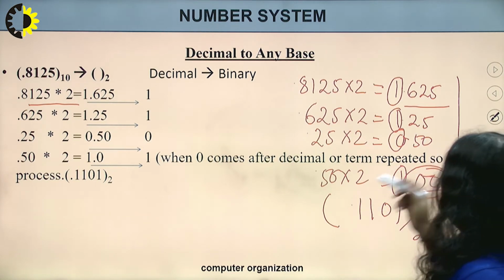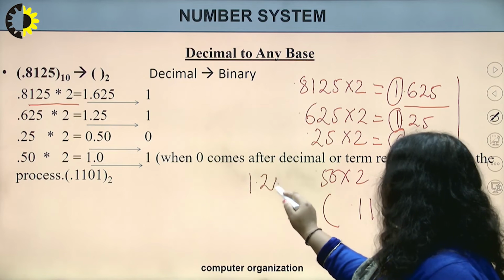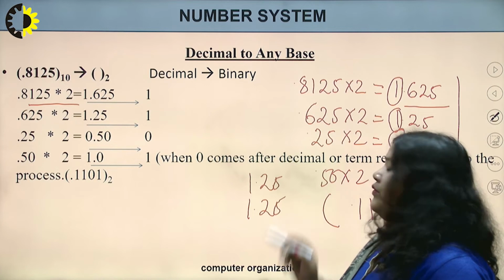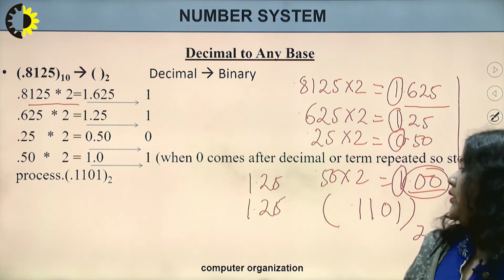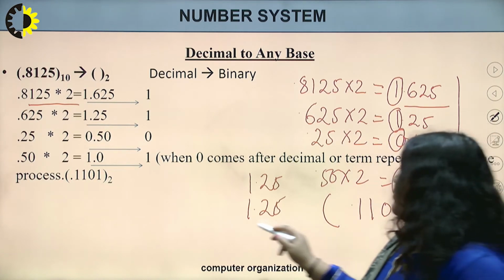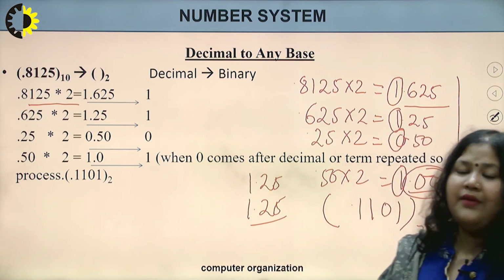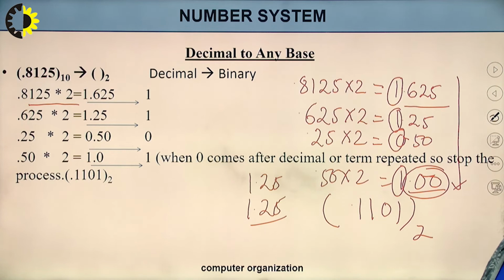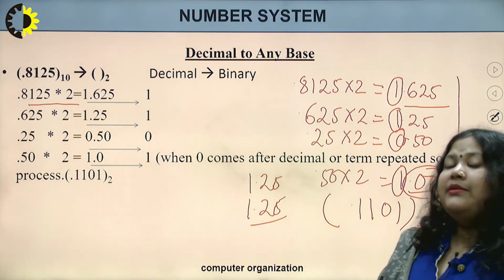Suppose 1.25 appears the first time, and the next time we calculate, 1.25 appears again. Then we stop the calculation once the values repeat. So this is the basic method of representing a fractional value from decimal to any base.